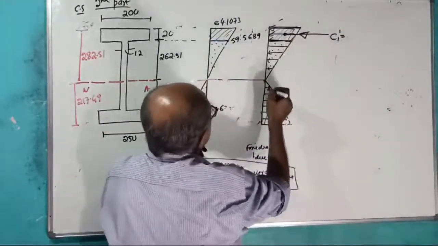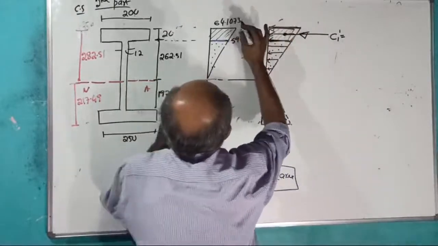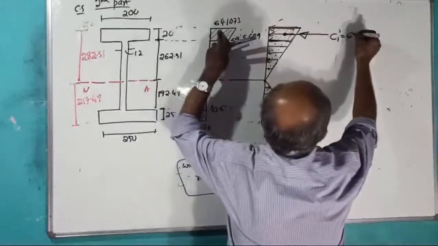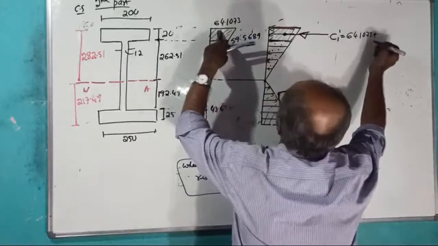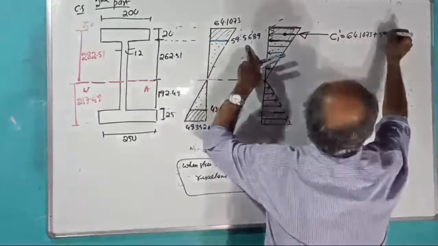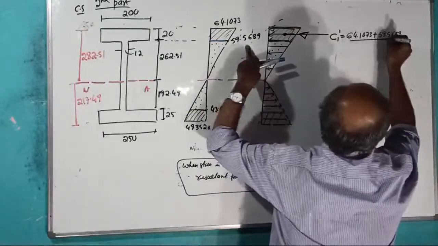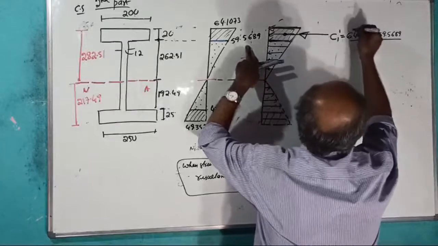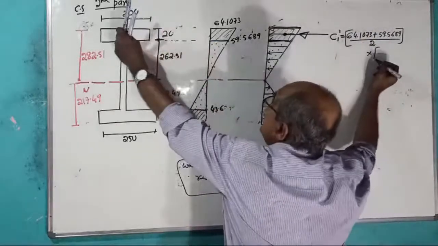The average stress for this portion is 64.1073 plus 59.5689 divided by 2, multiplied by the area.